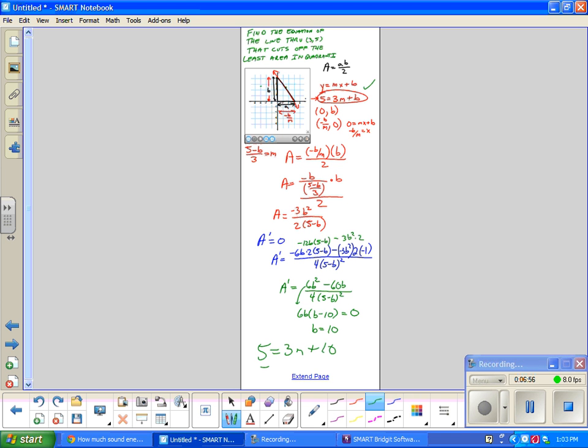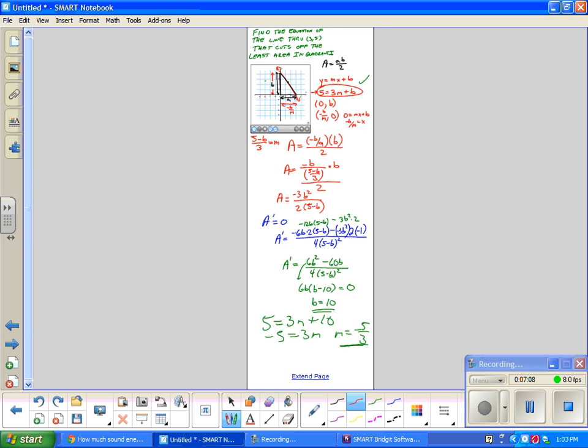Solve for m, I get negative 5/3, which makes sense. It had to be a negative slope. So now I have the two equations. The equation of my line is y equals negative 5/3 x plus 10. And that is the equation of a line that minimizes the area in the first quadrant.